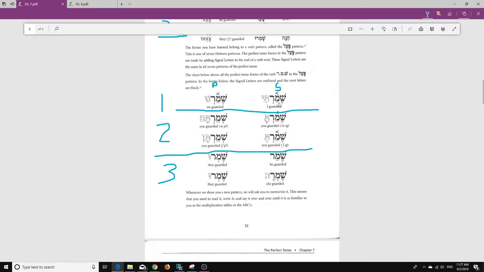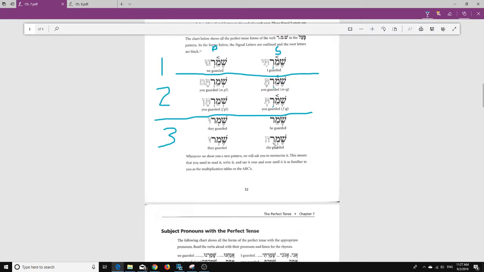But so here we have shamarti would mean I guarded. Shamarta, you guarded. And notice this sheva is silent. So is this one. So this is a silent, not a vocal sheva. So we have shamarti, shamarta, shamart, shamar, shamra.